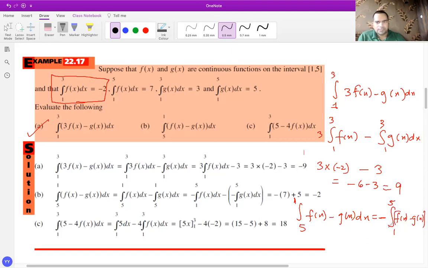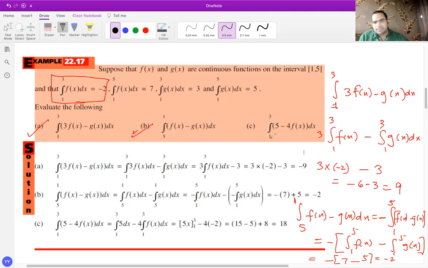Now I can split them up, putting the negative outside: integral of 1 to 5 of f of x minus integral of 1 to 5 of g of x. This value is negative of 1 to 5 of f of x, which we got already, is 7, minus 1 to 5 of g of x, which is 5. So it will be 7 minus 5, that's 2. Negative of that is negative 2. So that's the exact value of this integral.